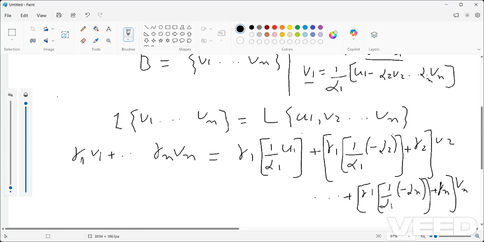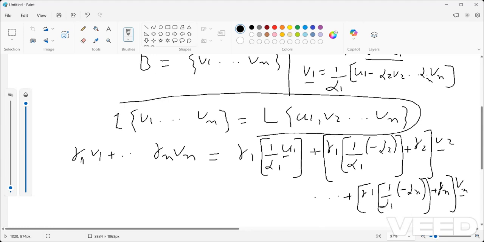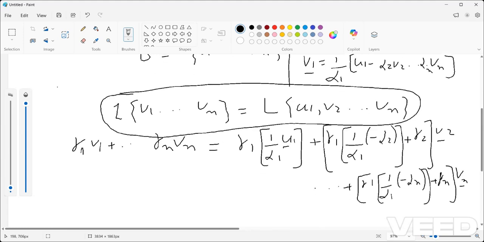So this is nothing but a linear combination of u1, v2 till vn. So we have proved that the span of the original basis is the span of the modified basis.